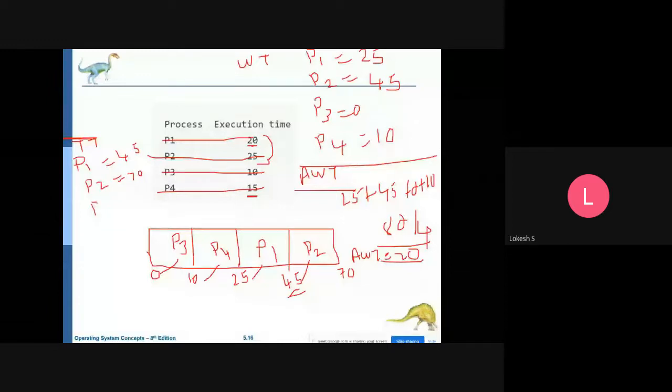P3 completed at 10. P4 completed at 25. You add these and find the average turnaround time. The total is 150.